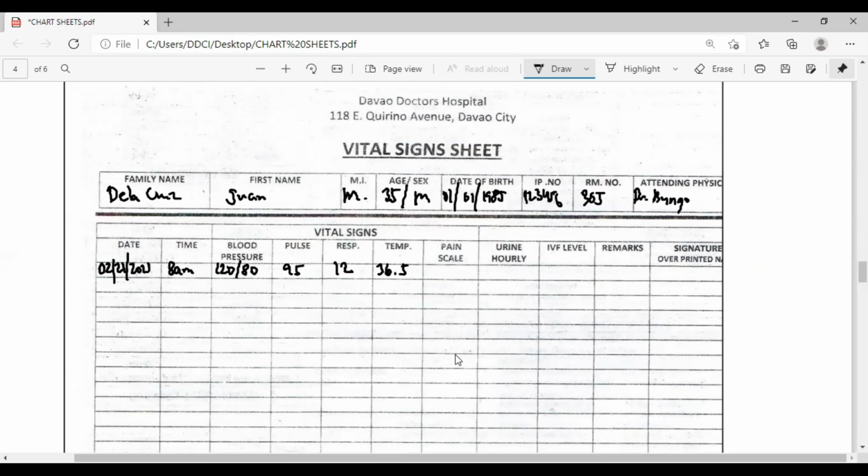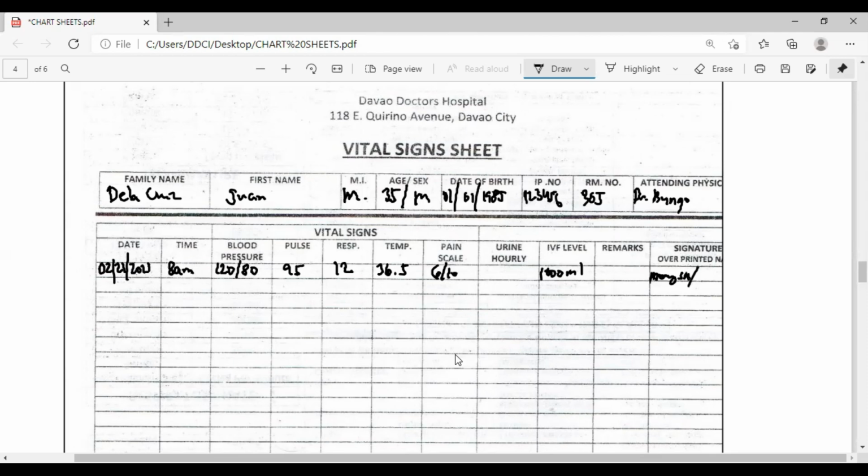If the patient is experiencing pain, you write the pain scale, let's say 6 over 10, and there's no need for urine if it is not Q hourly. Then you have your IV level at around 8 a.m. Let's say when you receive the patient, it's around 1000 ml. Then signature. Write in your family name, say morning SN.